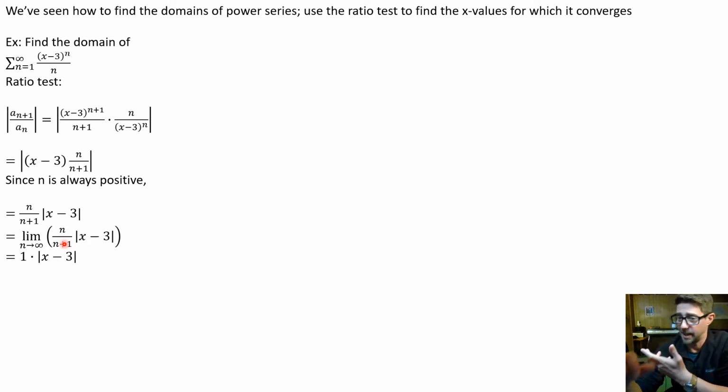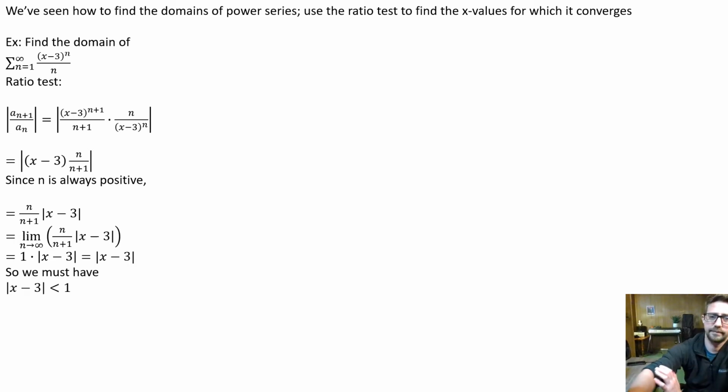Okay, so it's like an asymptote. And then again, the absolute value of x minus 3 doesn't care that n is going to infinity. So the limit does nothing to it. So the ratio test gives you absolute value of x minus 3. And then finally, the actual conclusion of the ratio test is that this thing has to be less than 1.